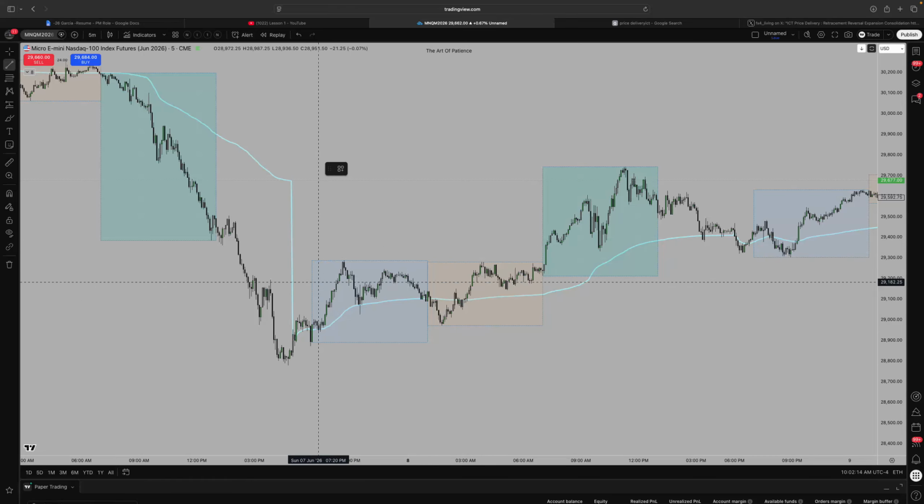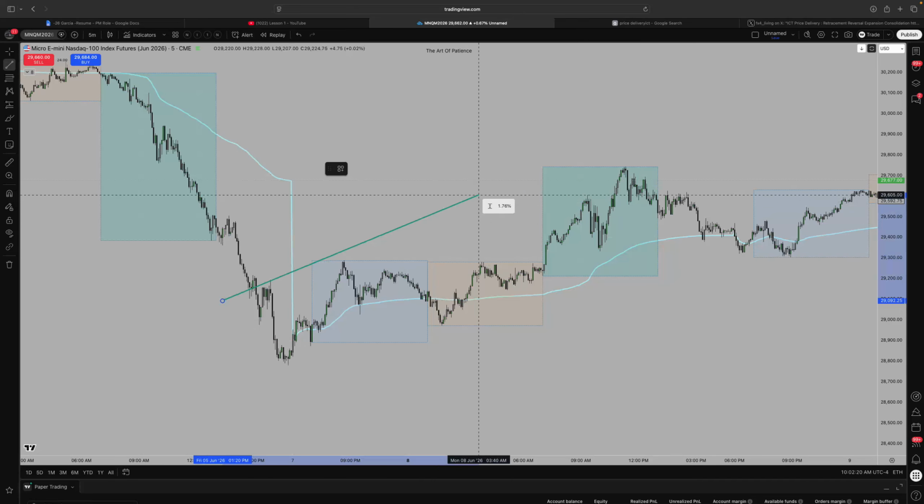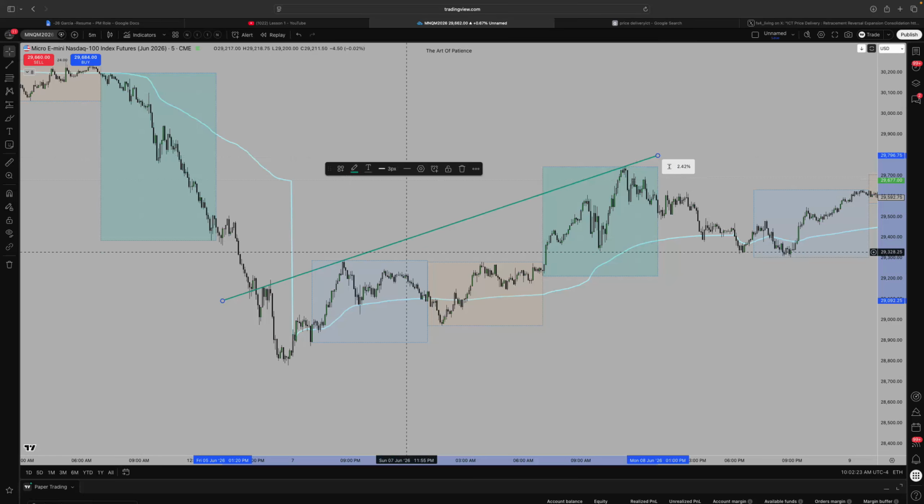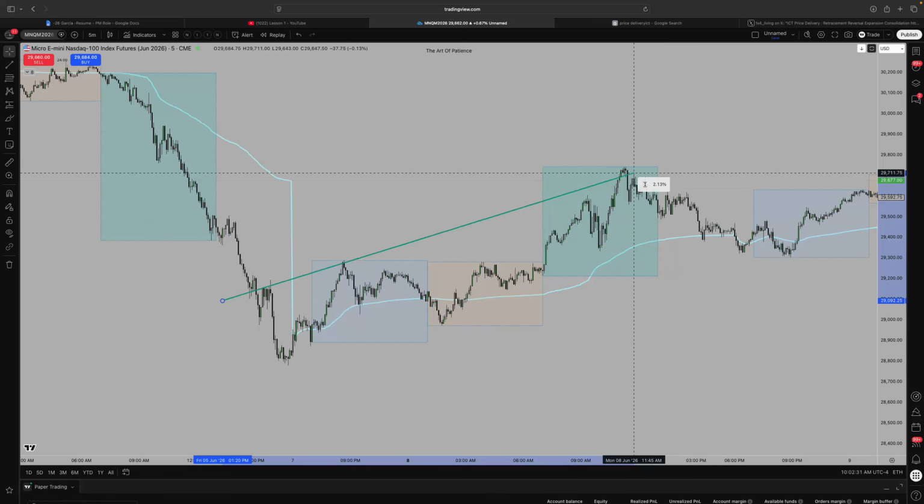Immediately you can see how price is starting to move upwards. So I'm going to draw a trend line from this high all the way to before this price action even formed.